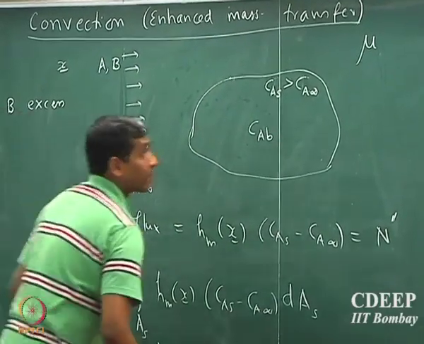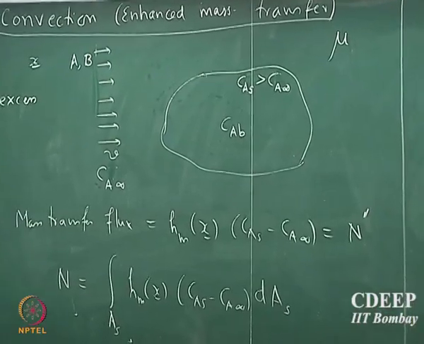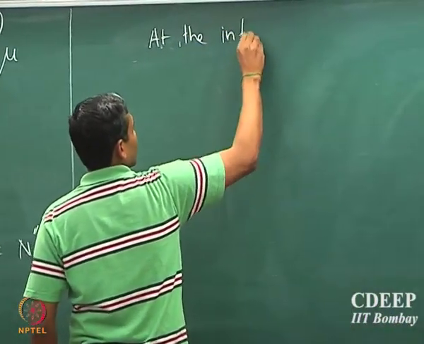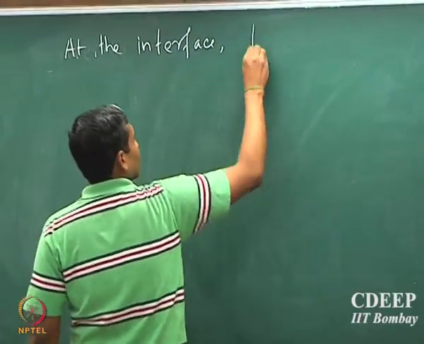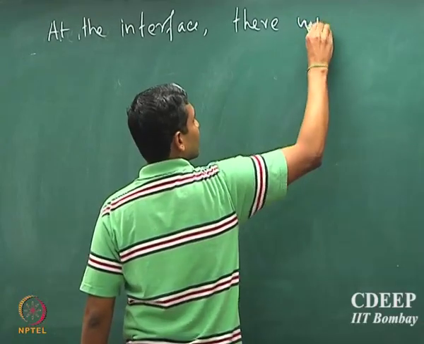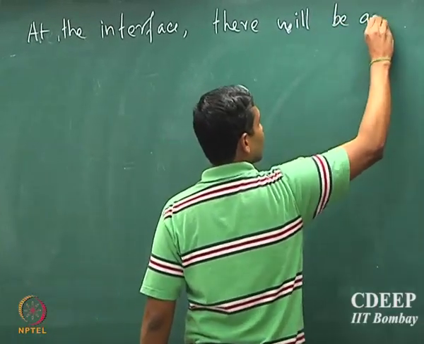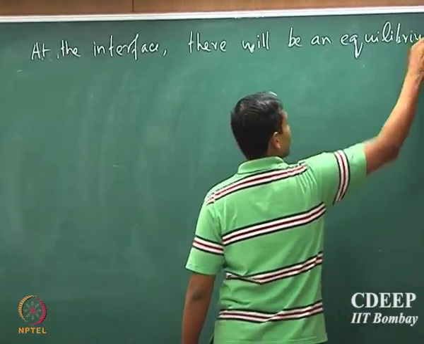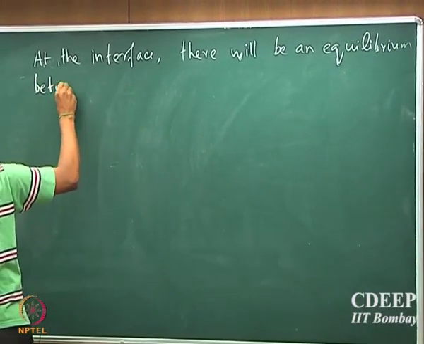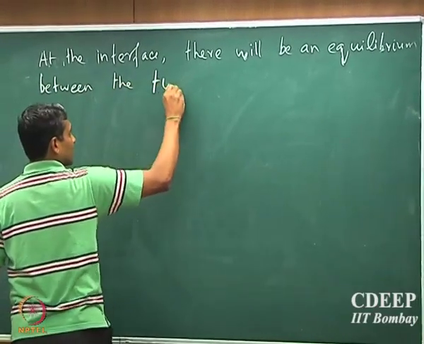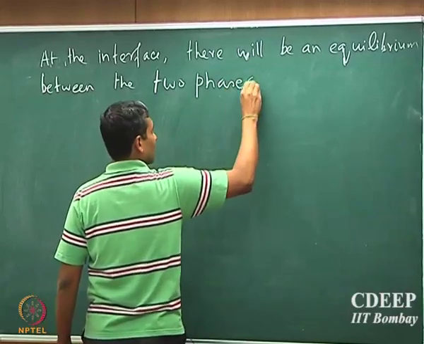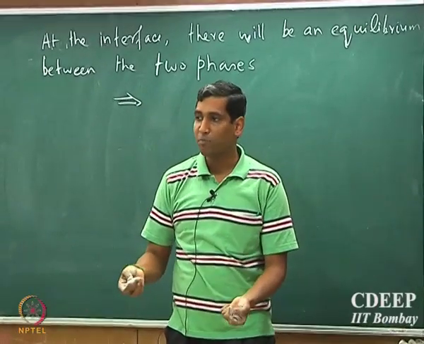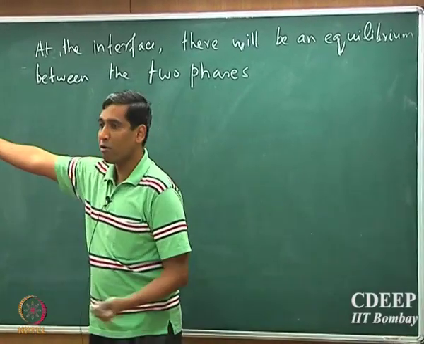So the correct way to do it is, at the interface, there will be an equilibrium between the two phases, which means that the chemical potential in the gas phase should be equal to the chemical potential in the liquid phase or a solid phase, right?